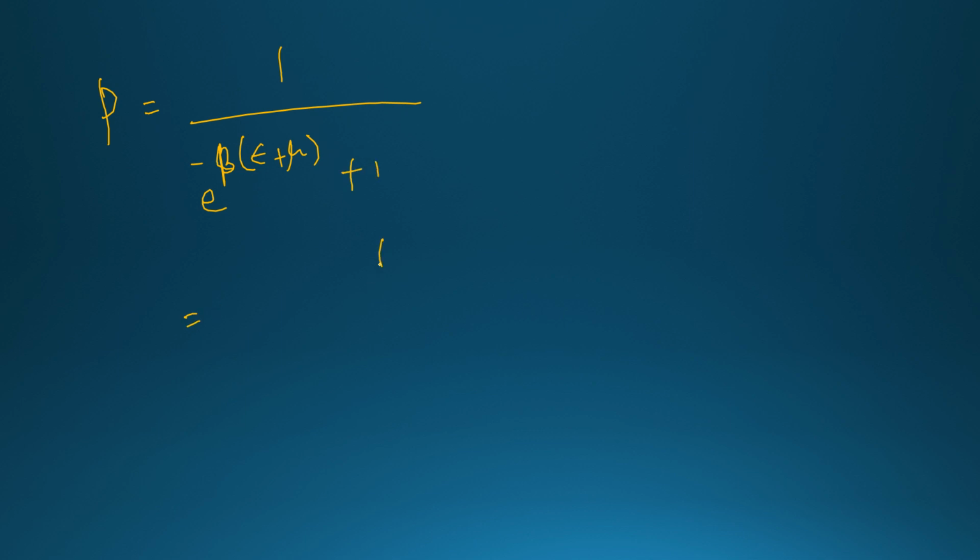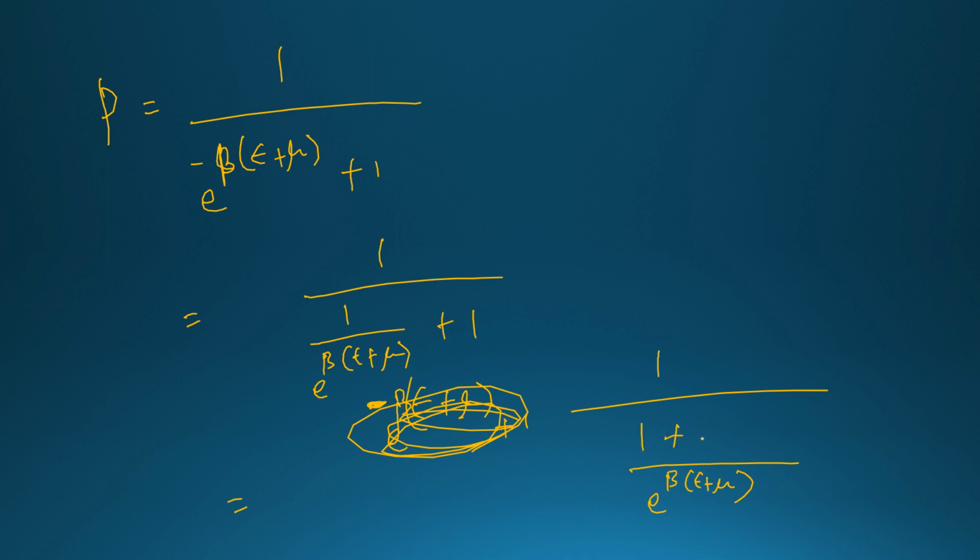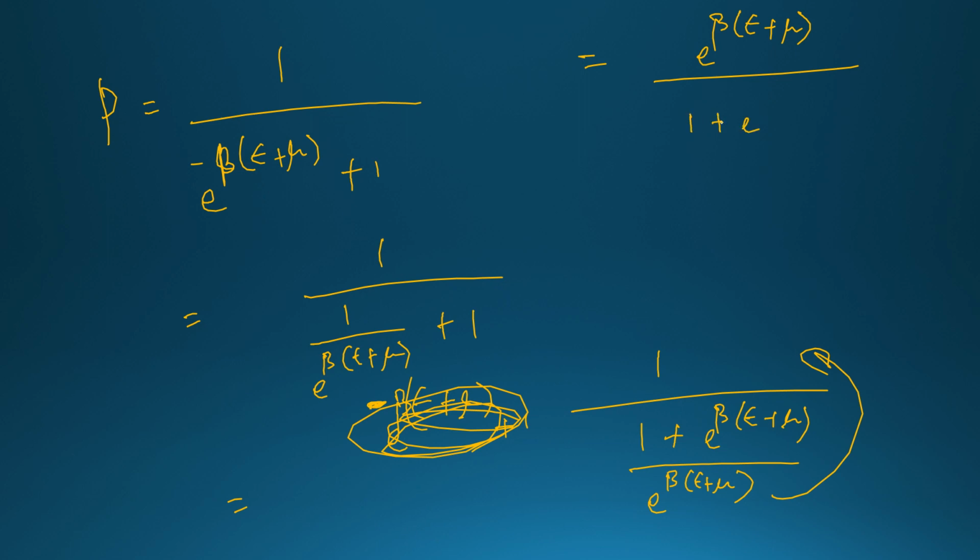So can I write it like this? Since the power is minus, I can multiply through so that this goes up: e to the power beta (epsilon plus mu) divided by 1 plus e to the power beta (epsilon plus mu).